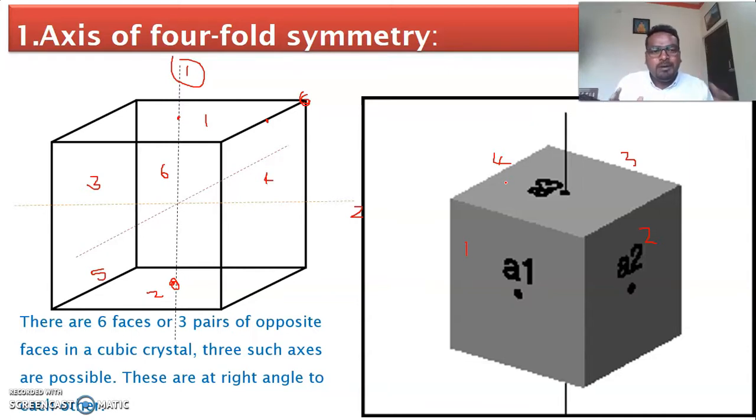That's why the same appearance is obtained four times during a complete rotation of this cube along this axis. So that's why this is called a fourfold axis of symmetry. In a cubic crystal, there are six faces and three pairs of opposite lines possible. So totally there are three different fourfold axes of symmetry possible in a cubic crystal.